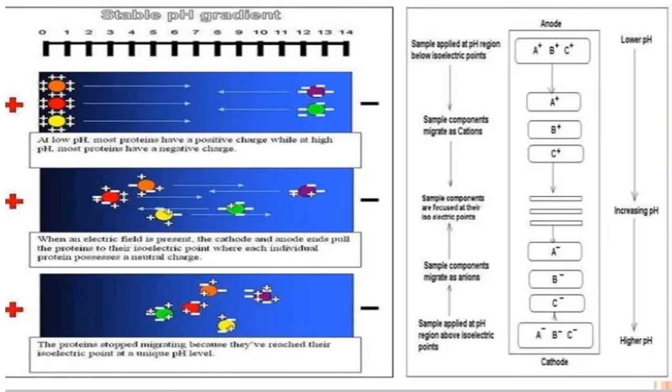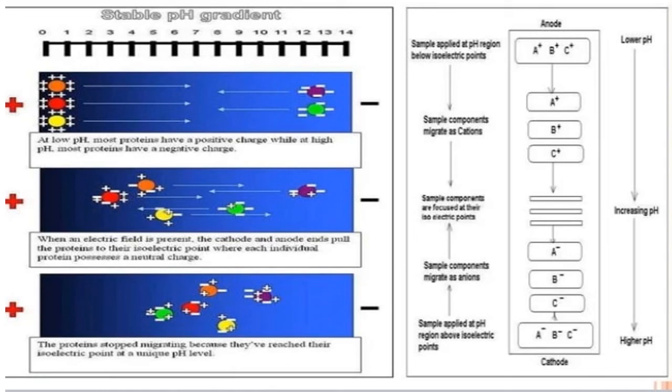and then the cathode has the higher pH. So it is increasing as we are moving towards the cathode. So the things we need to take from this: always, when a protein has been put on the side where the pH is lower than its isoelectric point, it will be positively charged, and it will be migrating as cations.